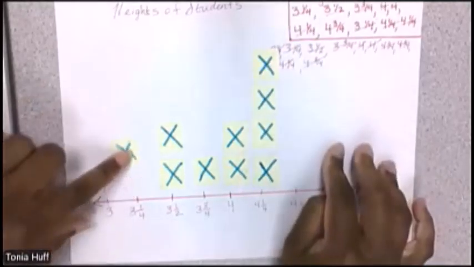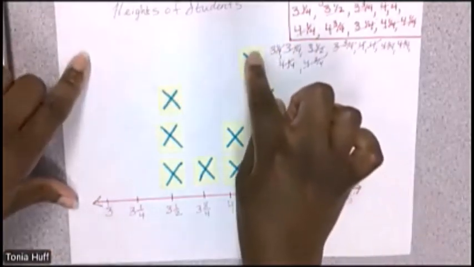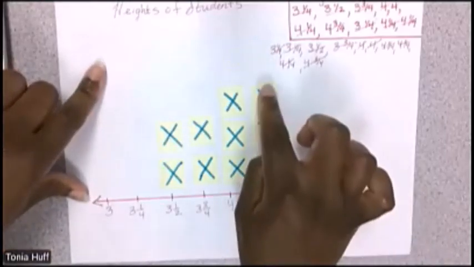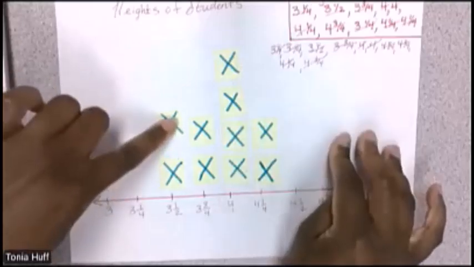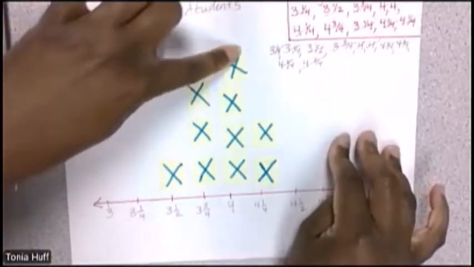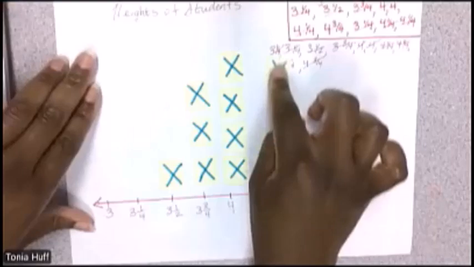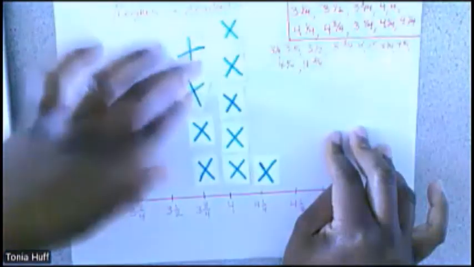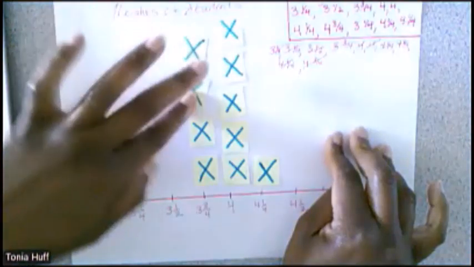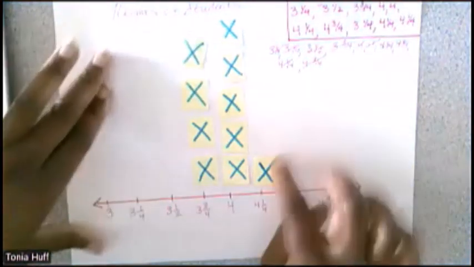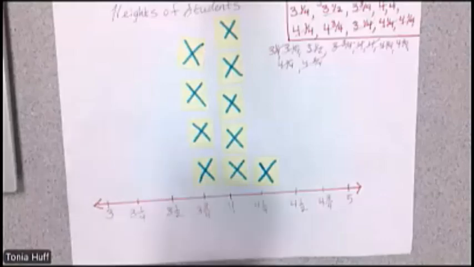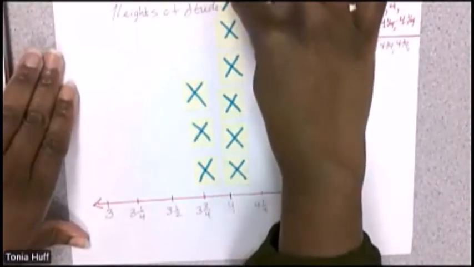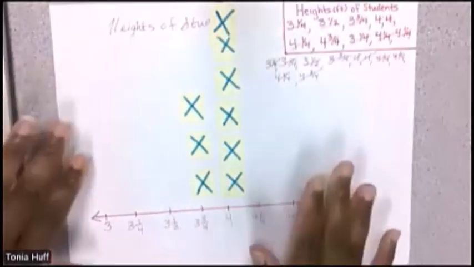One on this side, one on this side, one place over on this side, one place over here, one place over here, one place over here, one place over right here, one place over here, and one place over here.